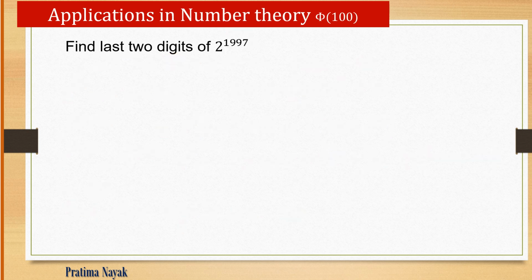Next is to find the last two digits of 2 power 1997. I can't apply this phi function directly for 2 and 100 because 2 and 100 are not co-prime.